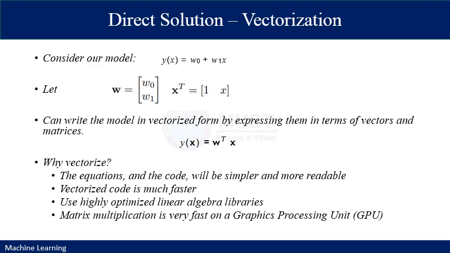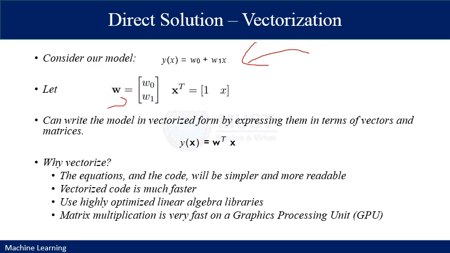In the first method, we use the direct solution, which is a common technique that utilizes the vectorization of the weights and input feature vector. Again, you have the same model, y of x is equal to bias plus the weight term and the input feature vector.